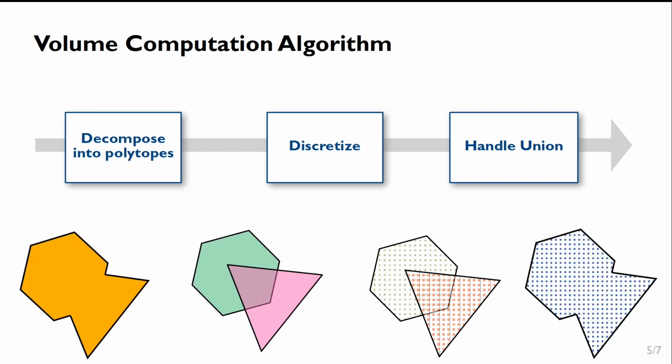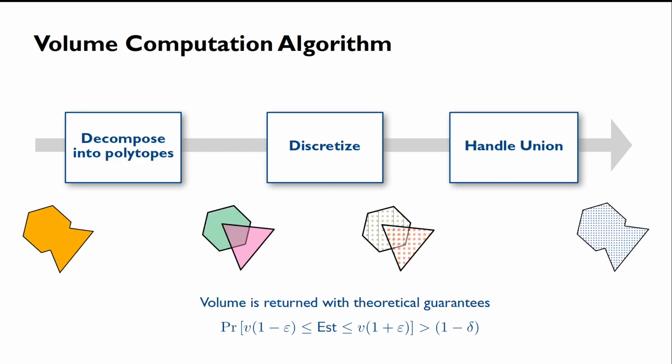Now given this discrete space, we compute an approximation of the number of lattice points in the union of the space, and using this approximation we can compute an approximation of the volume of the union of space as well. We can show that our algorithm comes with theoretical PAC guarantees.